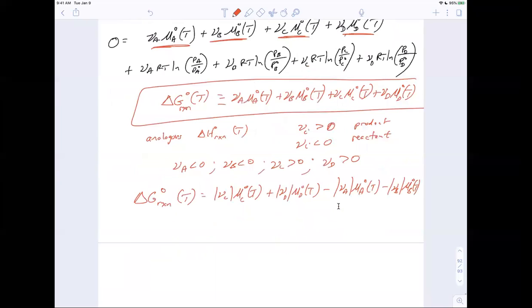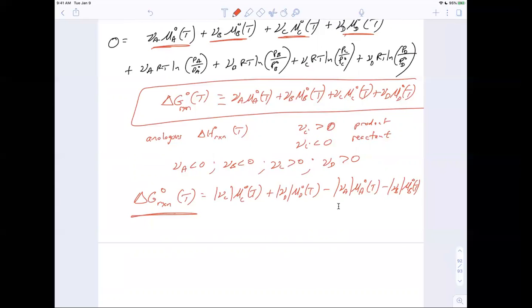And so you see here that it becomes this difference. Delta G becomes the difference of products and reactants, when we take the absolute value of their stoichiometric coefficients and we put in the signs ourselves, right? And so we see here that this is why this becomes delta G standard state for the reaction.